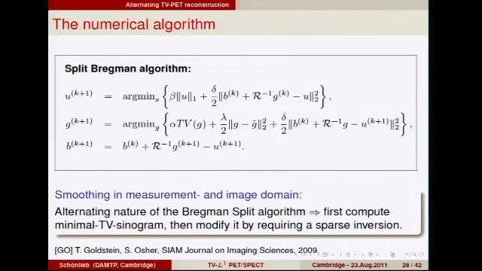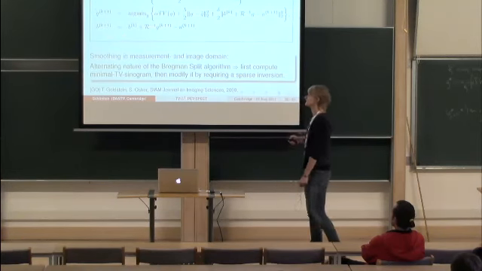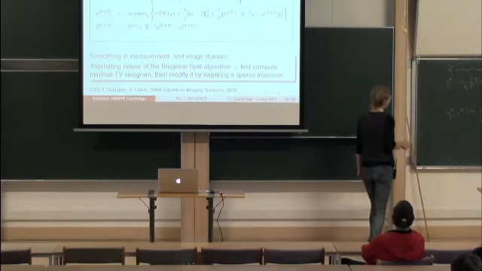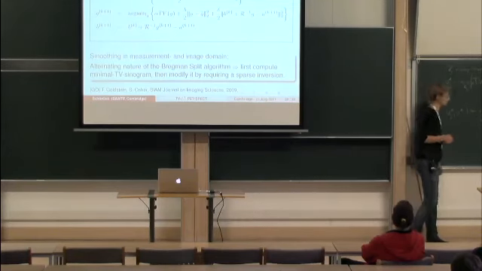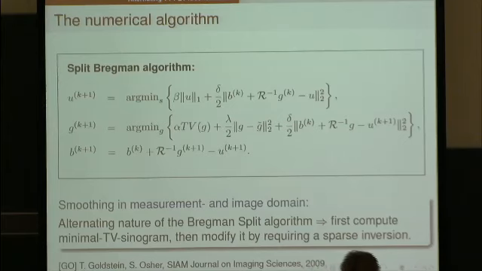So by an iterative approach, we have an additional variable B that we have to update in every step of our iteration. Instead of having this constraint exactly, you just have to let your iterations go to infinity to impose the constraint correctly. That's the main idea. So you replace this constrained minimization problem by an iterative unconstrained minimization problem.